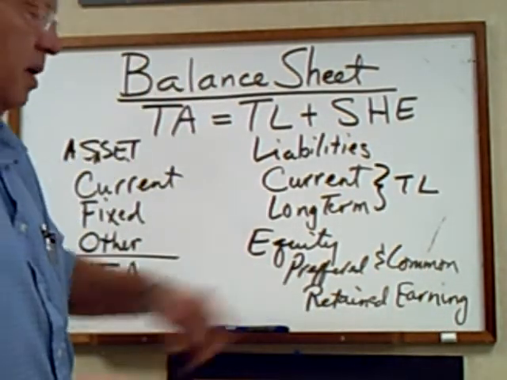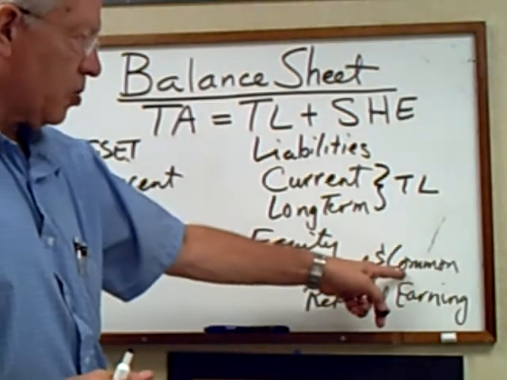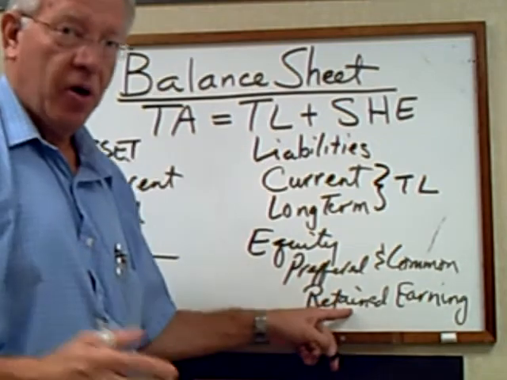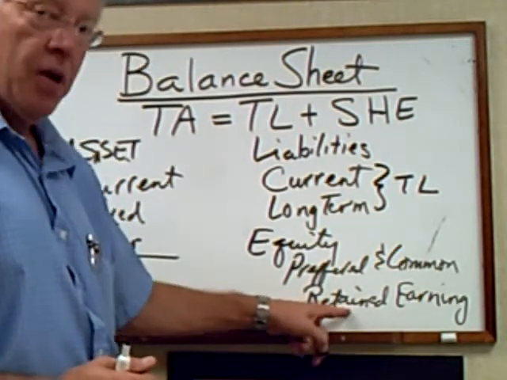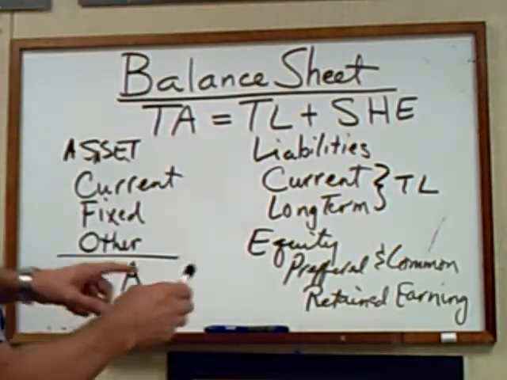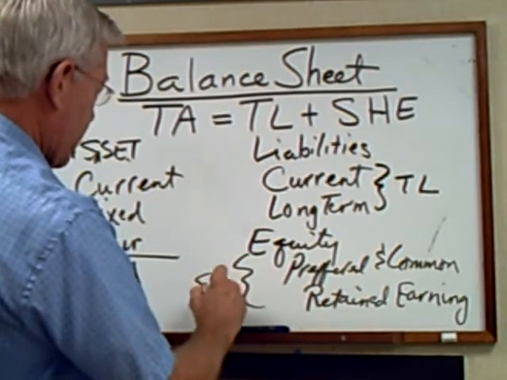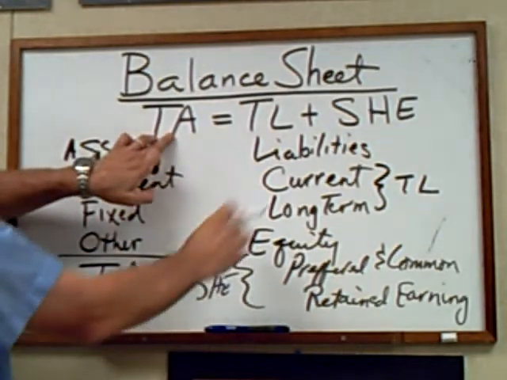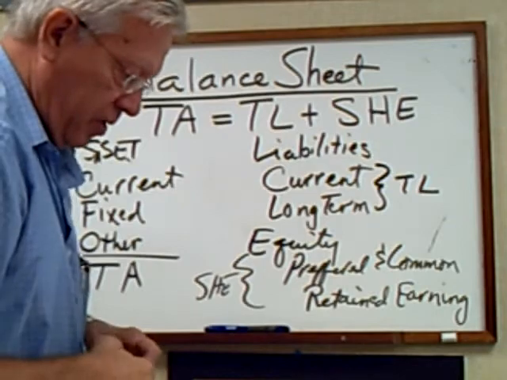Retained earnings are the element of the value of the business that is still owed to the common stockholders, but has been kept back, as we saw in our income statement, to help finance the firm, but we still keep it on the balance sheet. So with all of this, this ends up being stockholder equity. Total assets equals total liabilities plus stockholder equity.